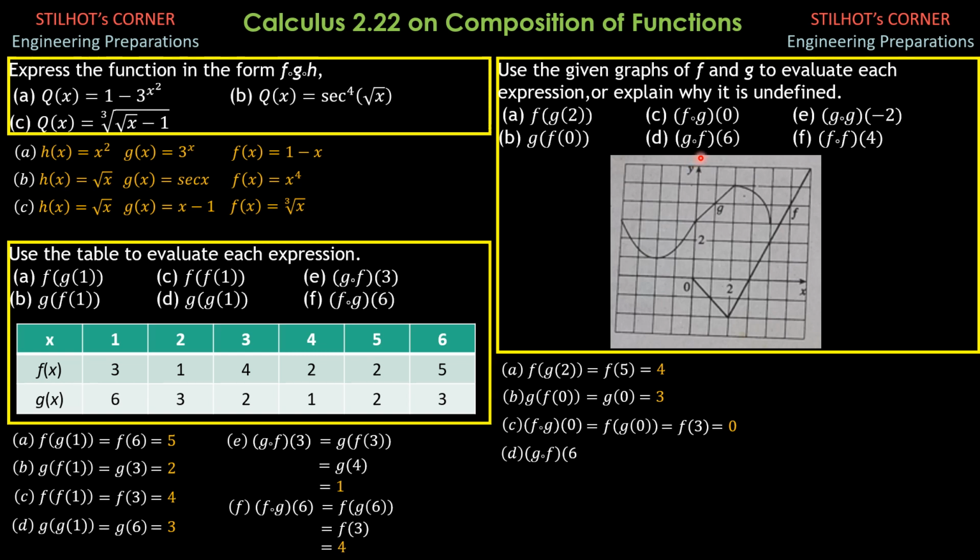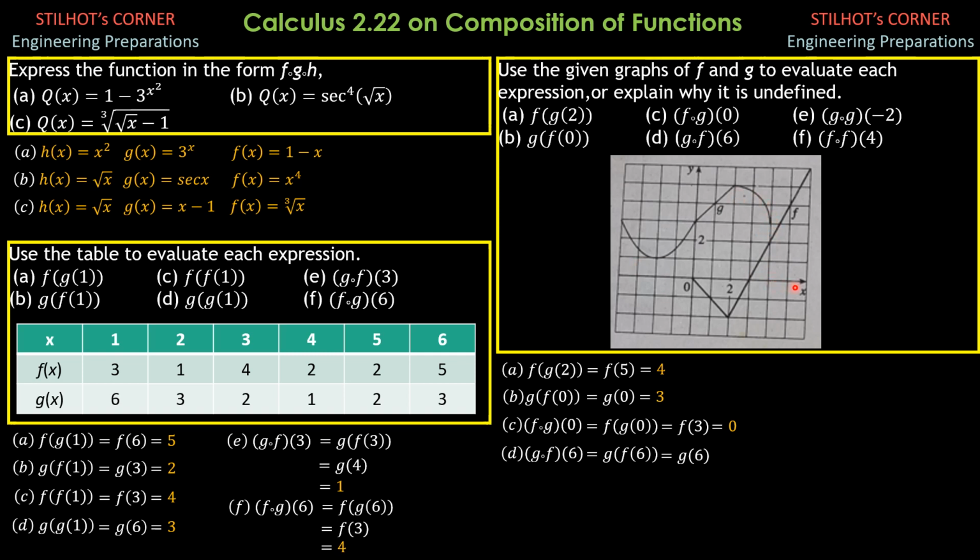D, g of f of 6. F of 6 is 6, so that is g of 6. And g of 6 does not exist, because the graph of g is up to only 4.